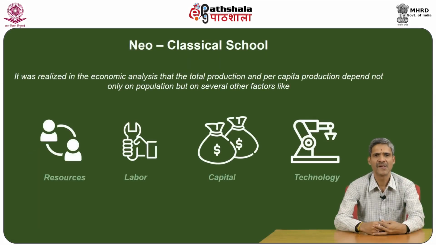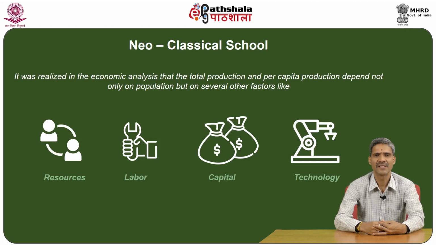Subsequently, it was also realized that the economic analysis, which indicates that the total production as well as per capita production depend not only on population factors but also on several other factors, and these factors include the resources, the labor available, capital as well as the technology.